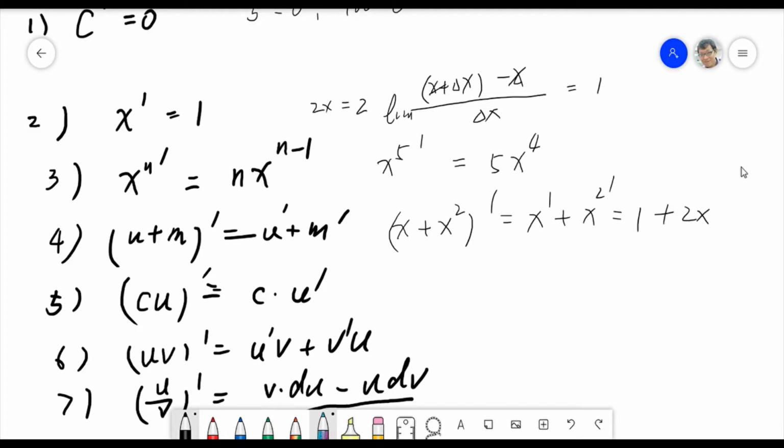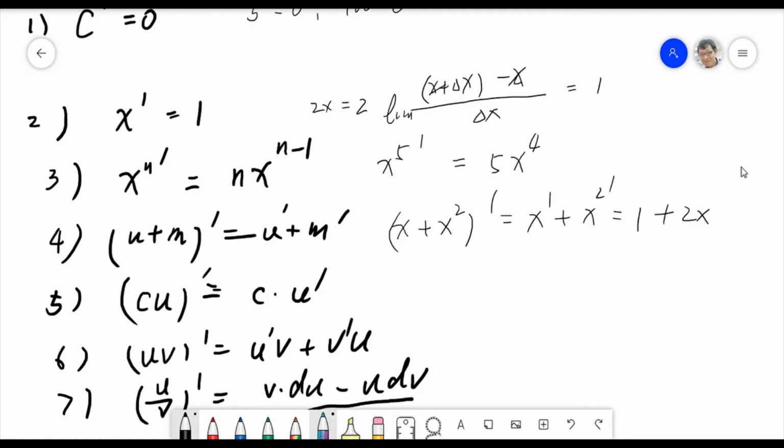So how about the product and the derivative? Here it is a constant times a function. So move out the constant, and then do the derivative of the function.